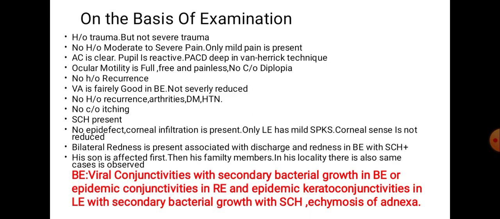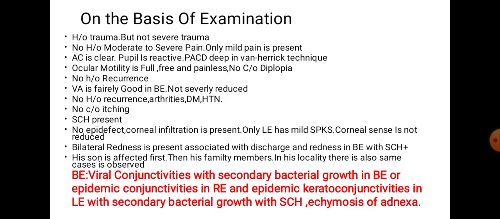Here history is very important because in adenoviral keratoconjunctivitis, epidemic keratoconjunctivitis, it is very virulent in nature. So what I have diagnosed here is that the patient may be affected first by viral conjunctivitis.